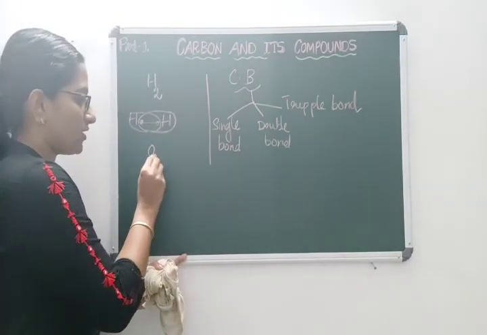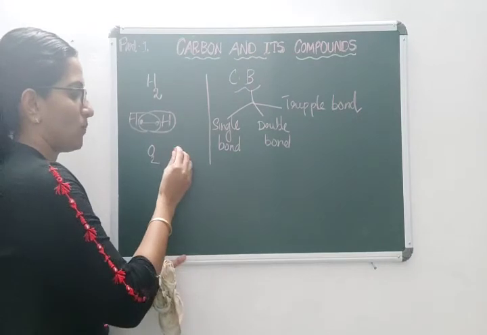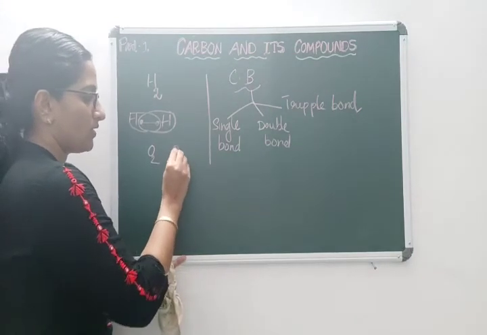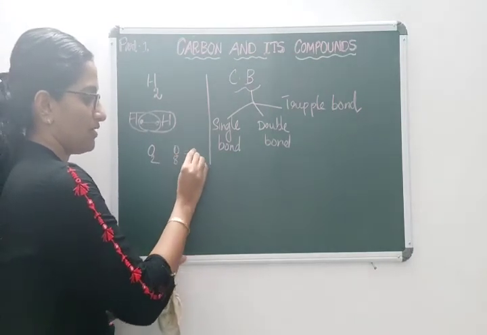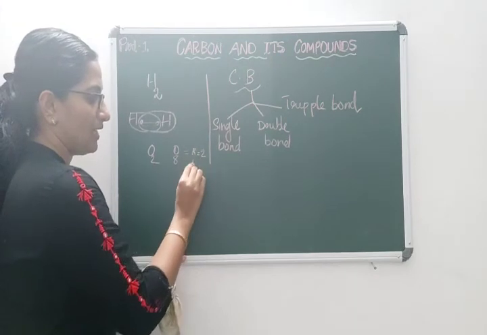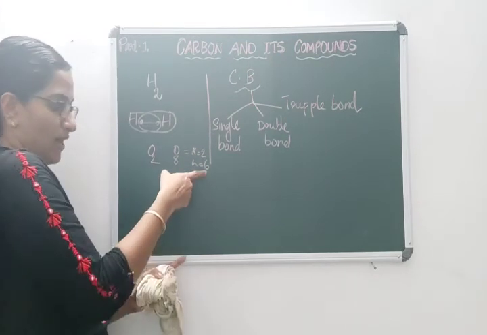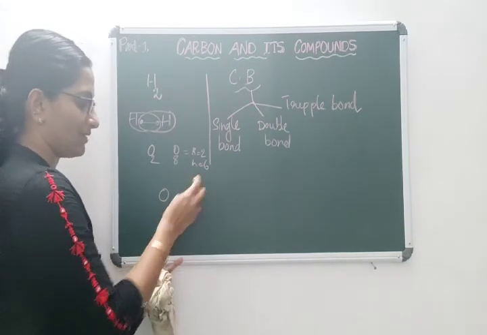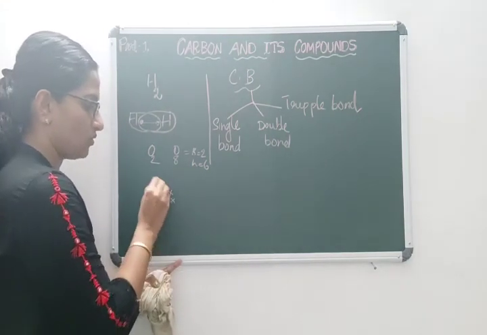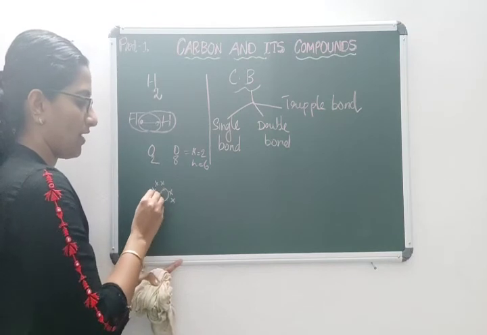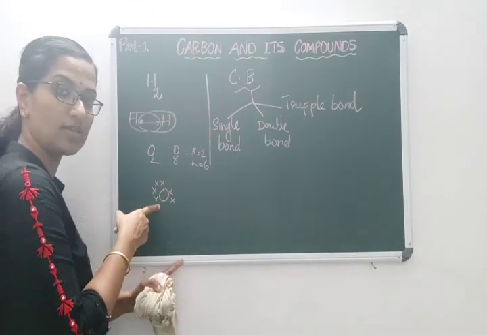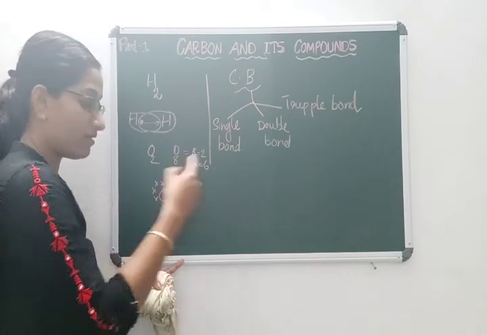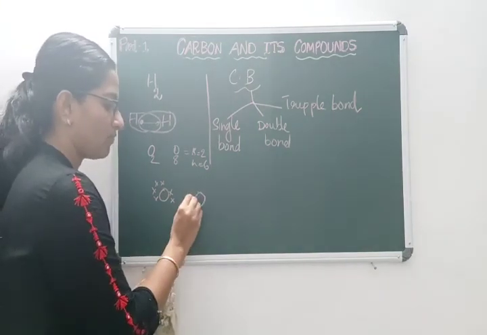If you take oxygen, what is the atomic number of oxygen? Oxygen has 8 electrons, right? Yes. So K is equal to 2, L is equal to 6. Look at the valence electrons, 6. Take the first oxygen with 6 valence electrons: 1, 2, 3, 4, 5, 6. This oxygen is not stable with 6 electrons. Definitely it will combine with one more oxygen.